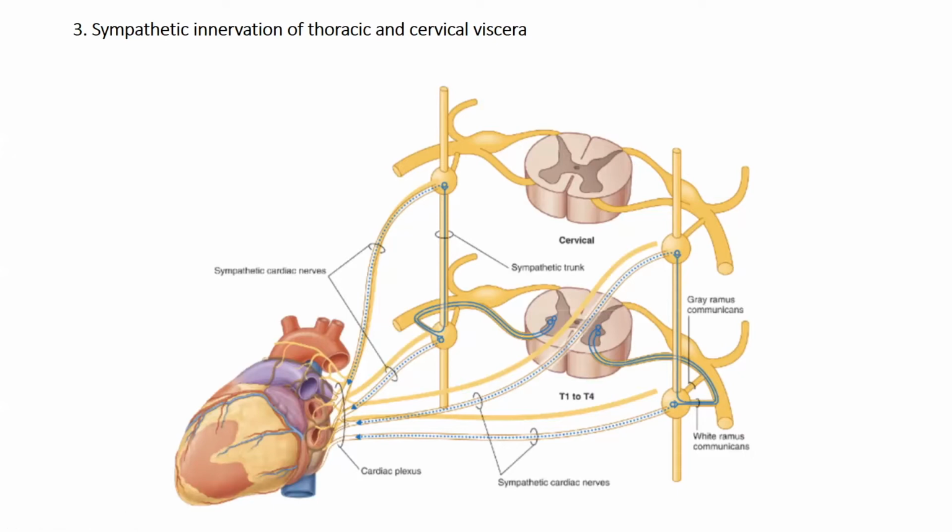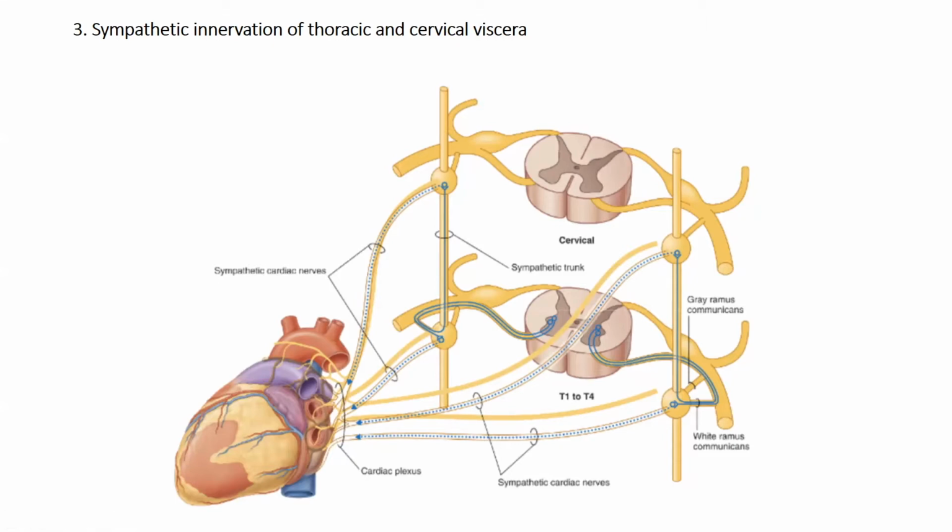They synapse with the postganglionic fiber, as you see here in the ganglion, and then it doesn't go back to the spinal nerve, but goes medially to innervate the thoracic and cervical viscera. So you can see that they are not going back to the branches of the spinal nerve; they are going to the viscera.